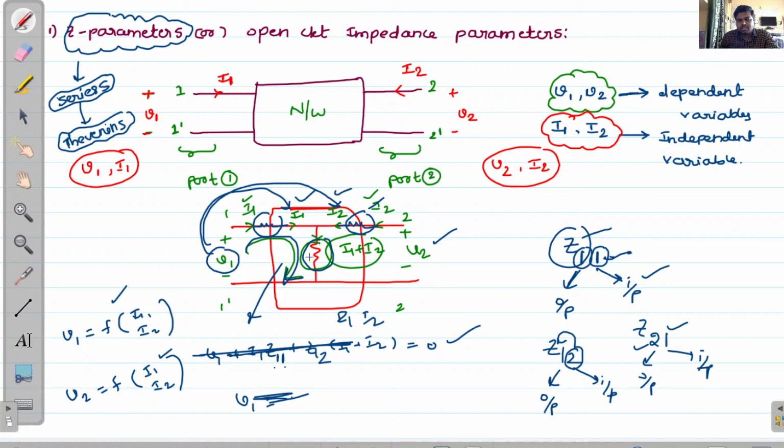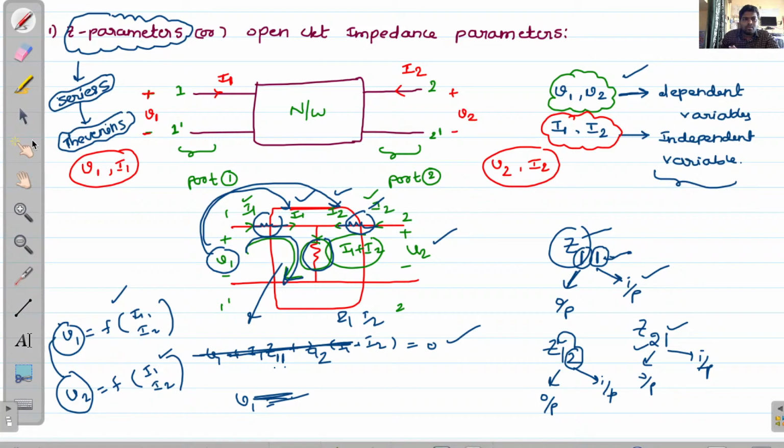So V1 and V2 are dependent variables. That's why I'm indicating V1 and V2 as dependent variables. V1 and V2 depend on I1 and I2, but I1 and I2 do not depend on V1, V2 or any other factors. So I1 and I2 are independent variables. That is the meaning.